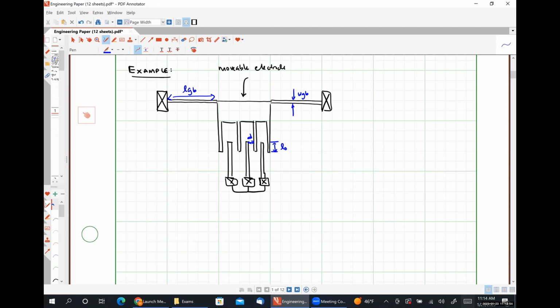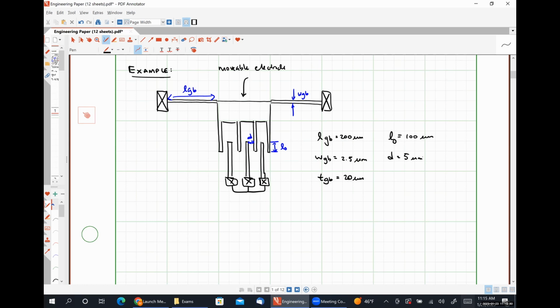And let's throw some numbers at this. So let's say that the length of our guided beam spring is 200 micron. The width of each of our guided beam springs is 2.5 microns, and the thickness of our guided beam spring is 20 micron. Now, let's say that the original overlap length here is 100 micron.